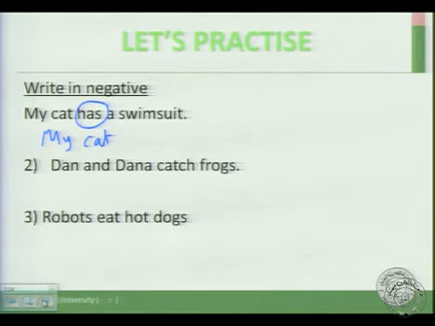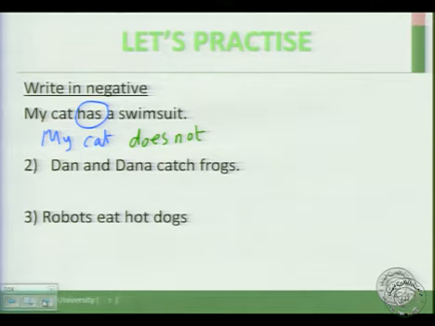My cat, and you have has. What should we use? Do we use does or do? Let us think. My cat is one person, so we should use does not. Yes. Does not. My cat doesn't.